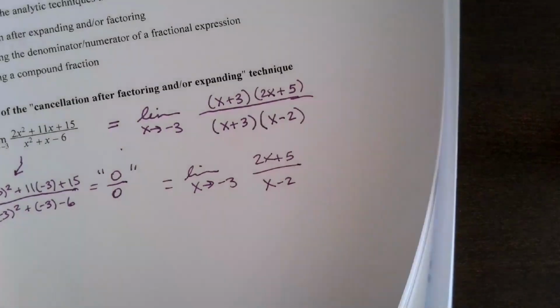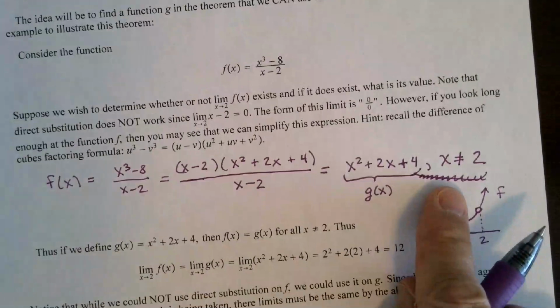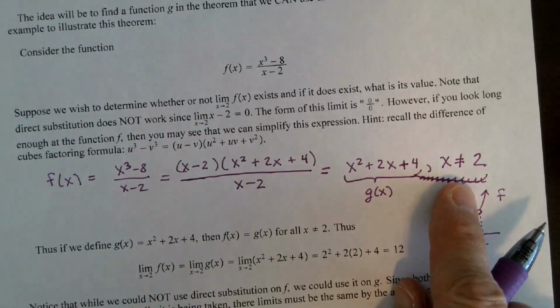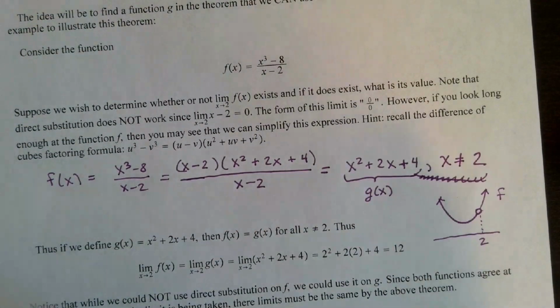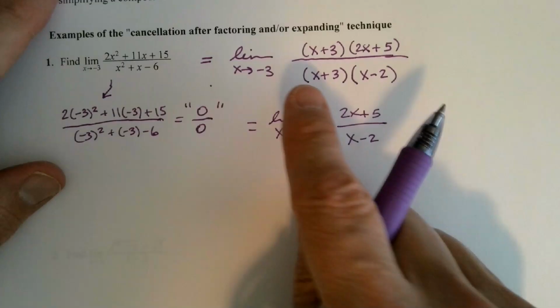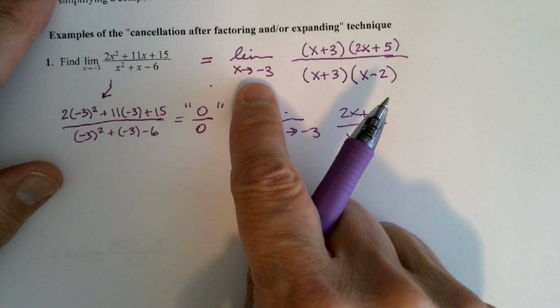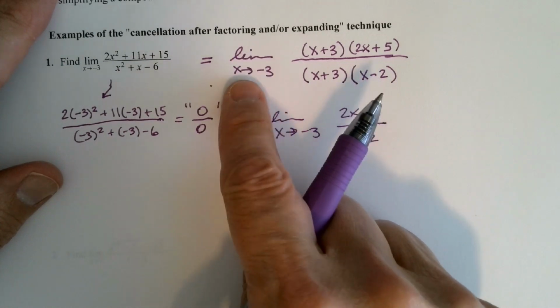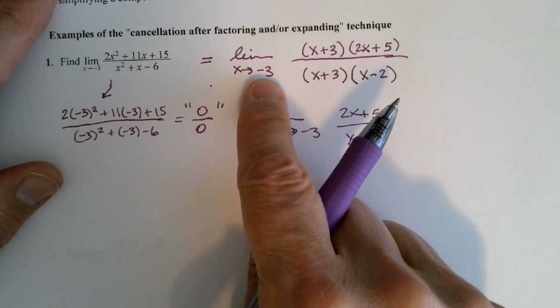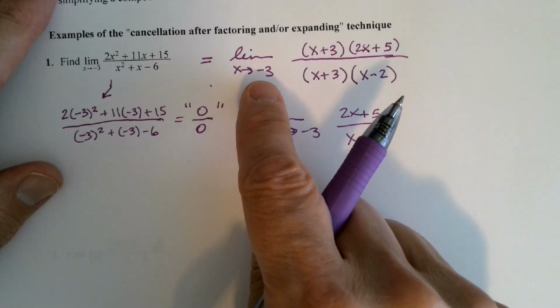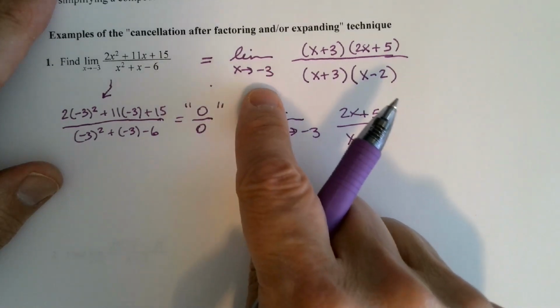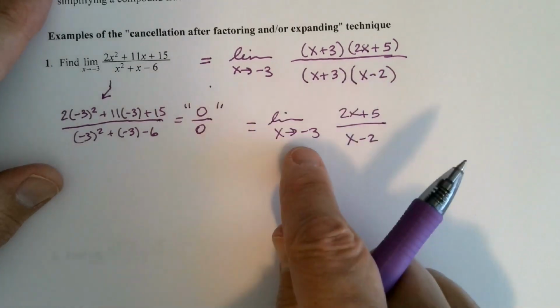In the previous example, we had to say, provided x is not equal to 2. But we don't have to do that here because why? Because I'm using the limit sign. And the limit sign guarantees that x is not -3. When I take the limit as x approaches -3, what we're saying is plug in values close to but not equal to -3. Right? So I don't have to worry about it.